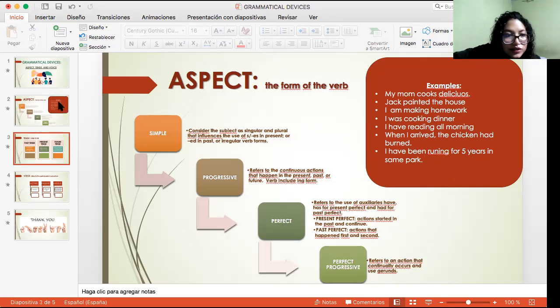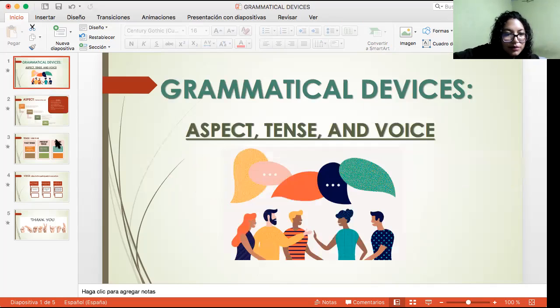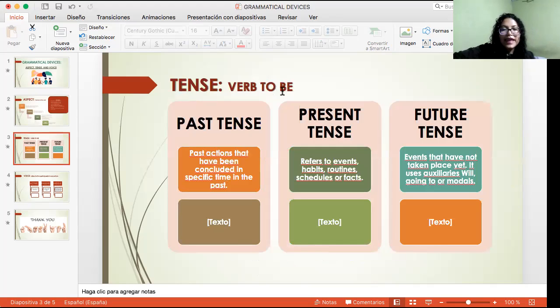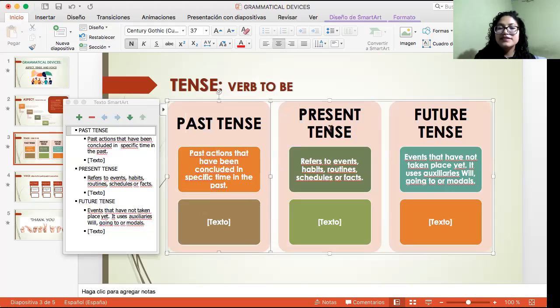So let's continue with the next grammatical device, that is tense. This refers to the time and the form of the verb to be. Here we have the past tense, present tense, and future tense. The past tense refers to past actions that have been concluded at a specific time in the past.